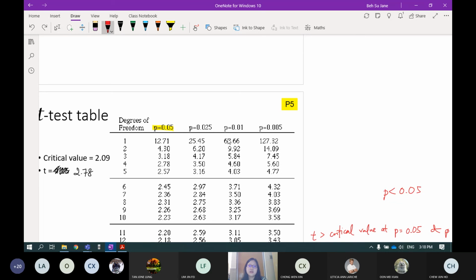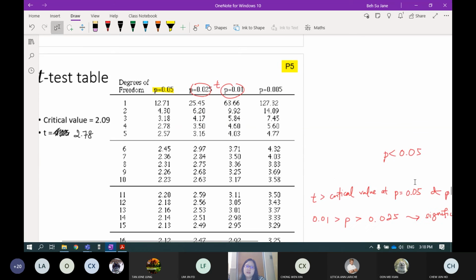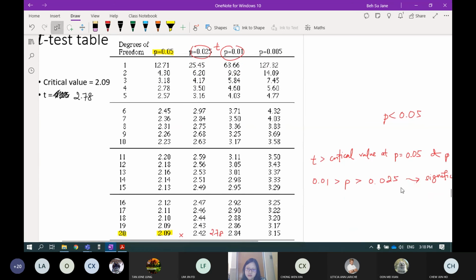But this number here is in between our current number. It is between this probability and this probability. So it's no longer just significant at this level, it's significant at this level. So your phrasing is literally that the data is significant at this entire level.